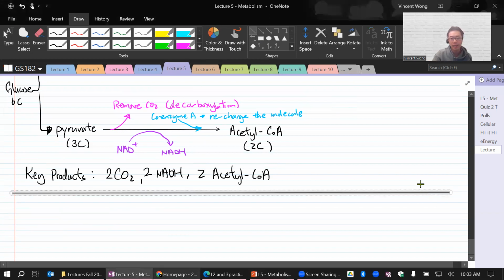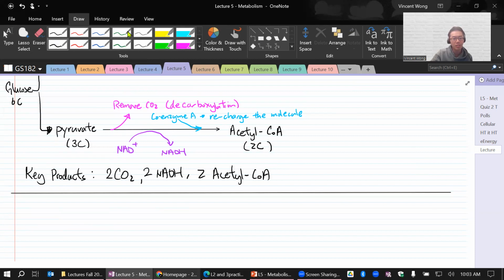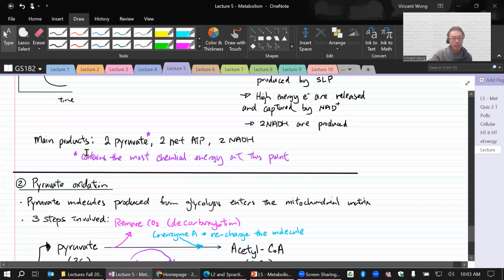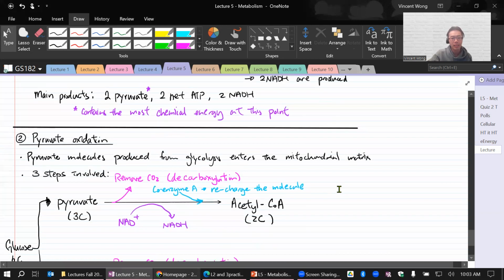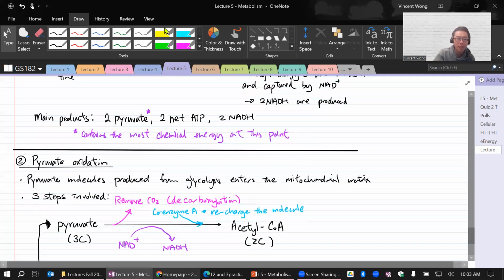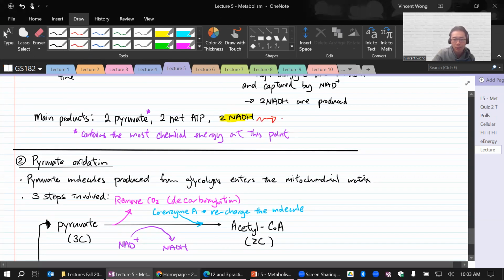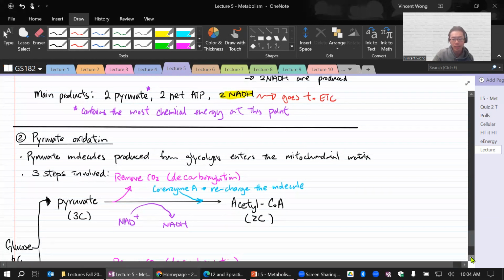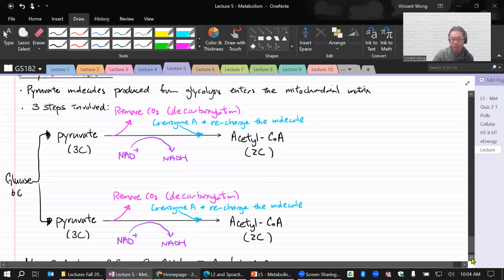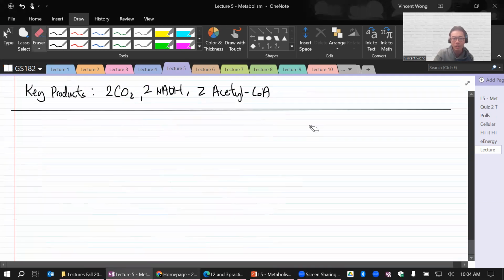All right, hang in there. I'm just going to quickly go through stage 3, and then I will let you go. Remember, these are the main products. If you need to remind yourself, I'm just going to highlight this one. Where is this going to go? It goes to the ETC. Seriously, you've got to reorganize this note in a way that makes sense to you.